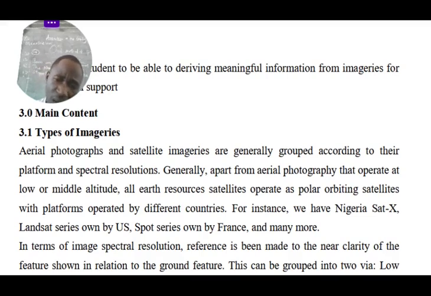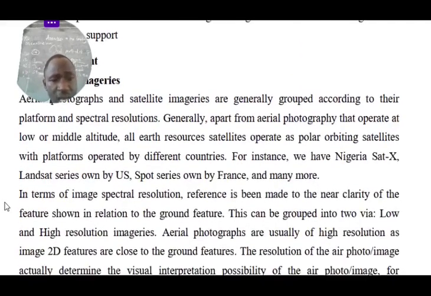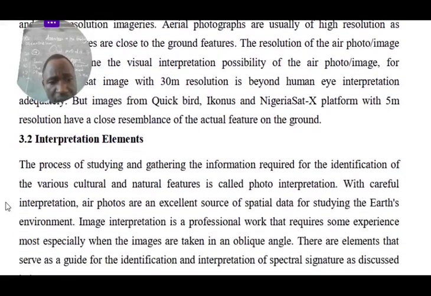Now with the polar orbiting, they're saying that it captures the images from one side of the earth to the other side, from the north to the southern pole. That's how it operates. When we proceed, we are looking at the interpretation elements.